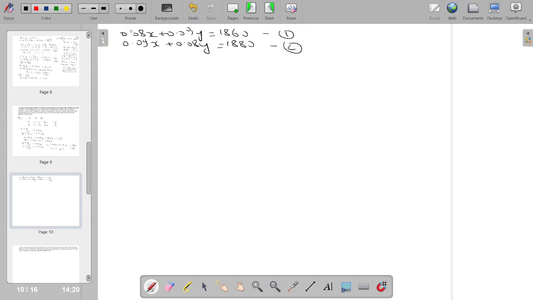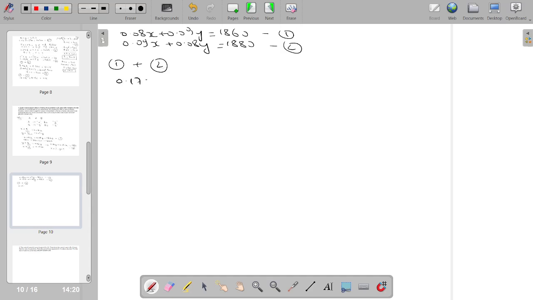Observe the pattern in these equations: 0.08 matches with 0.08 here, and 0.09 matches with 0.09 here. So add equation 1 plus 2. I am not applying the elimination, substitution or cross multiplication method.